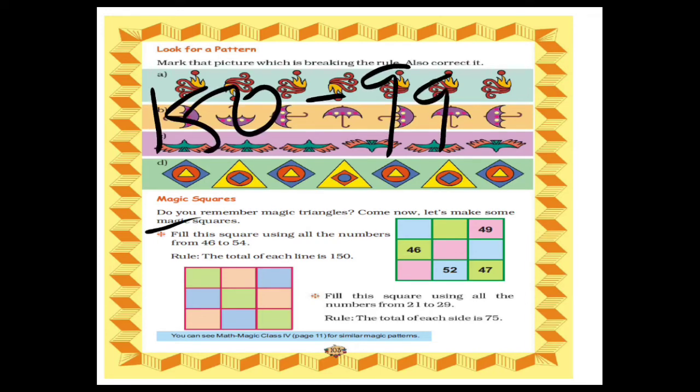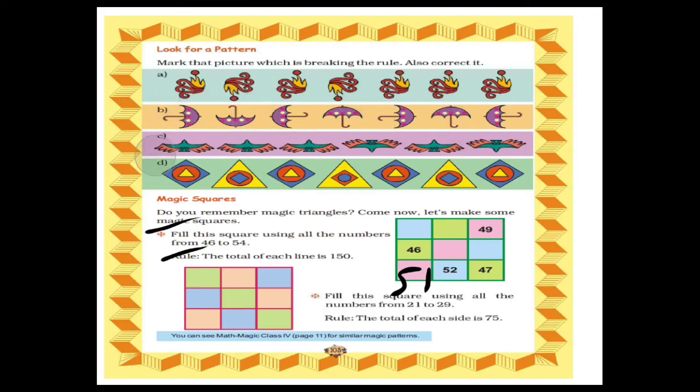So we must subtract 99 from 150. So 150 minus 99 will be 51, right? So in this box you will write 51. I hope this is clear. Now let's see the next one, that is 46 and we get here 51.